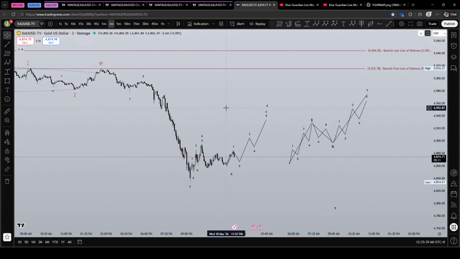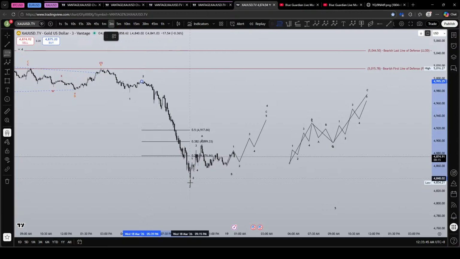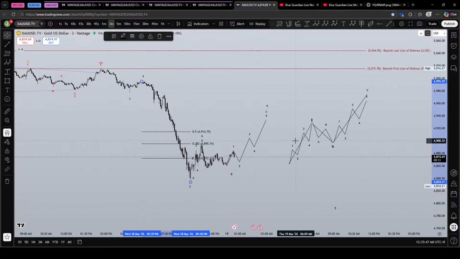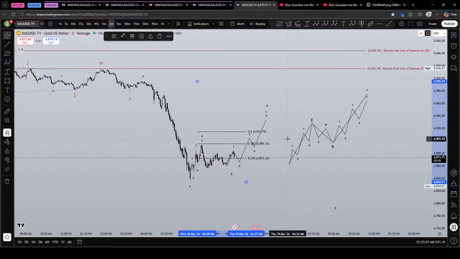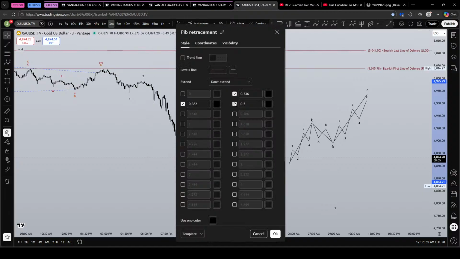If I will base it on the wave measuring of Elliott wave theory, then the acceptable wave 4 retracement is usually at 0.236 to 0.5. Again, these are just the ideal values based on the rules of Elliott wave theory.